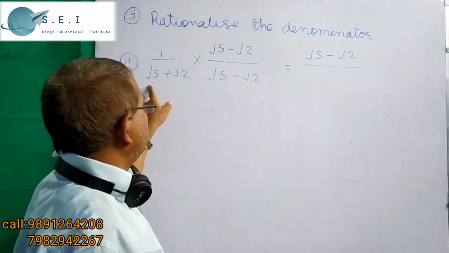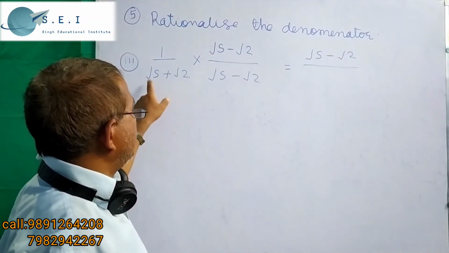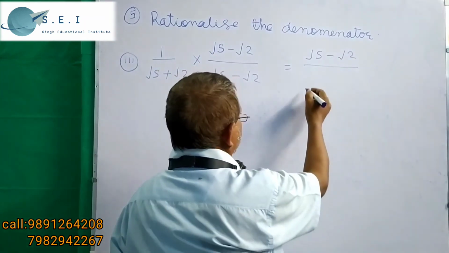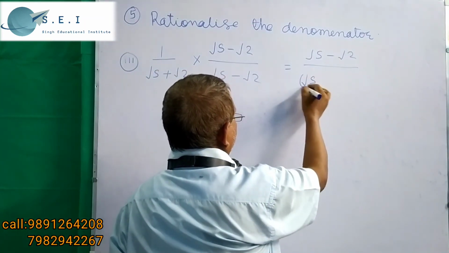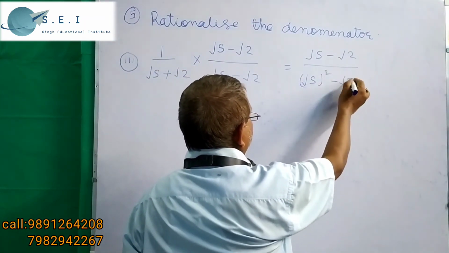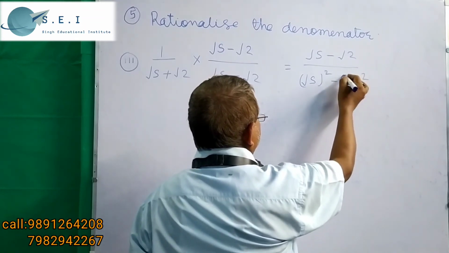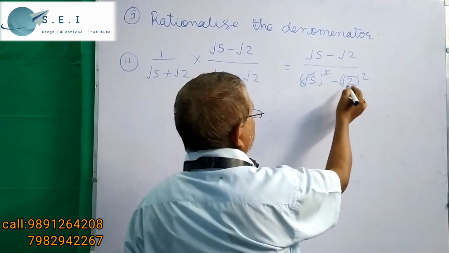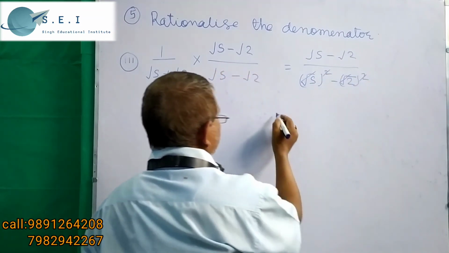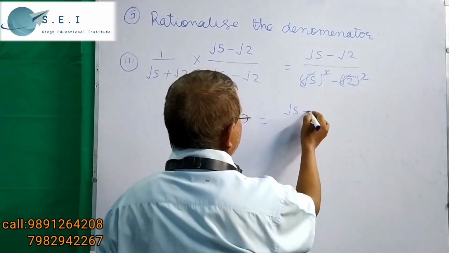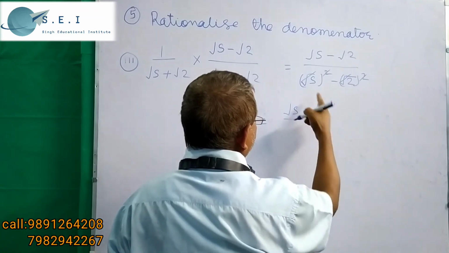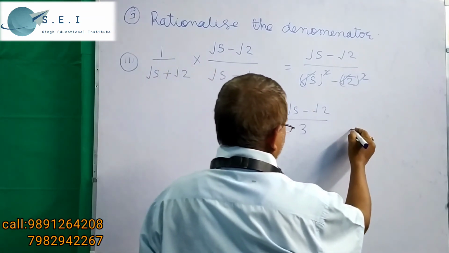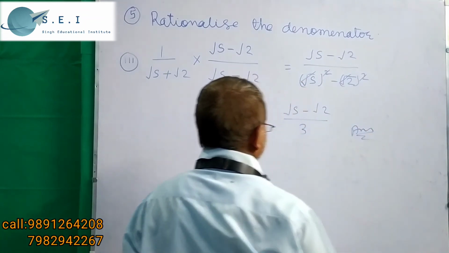While for root under 5 plus root under 2, a plus b multiplied by a minus b gives a square minus b square. As we have discussed in an earlier question, the root and square get cancelled out. So the answer is root under 5 minus root under 2 divided by 5 minus 2, which is 3. This is the answer.